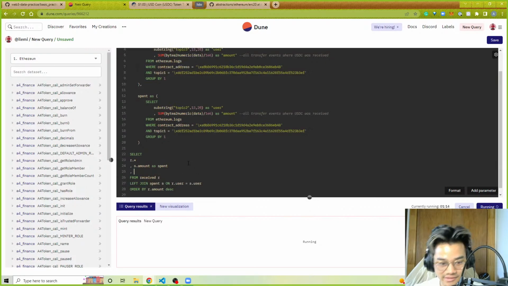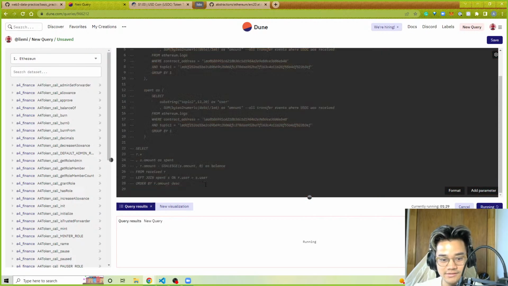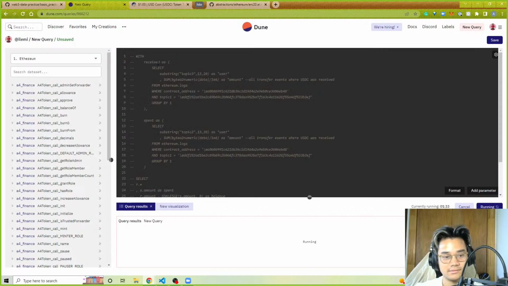Alright, so if I wanted to finish this, I need r.amount minus coalesce s.amount, 0, right? Because they could have spent 0 as balance. So that would give me the balances using logs.